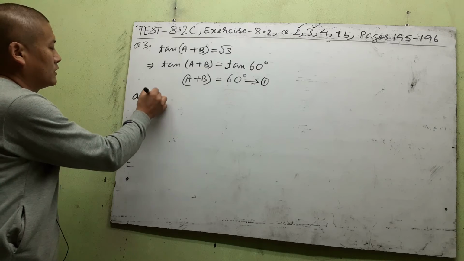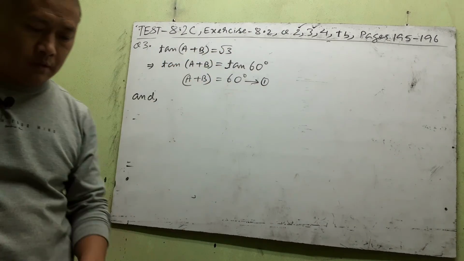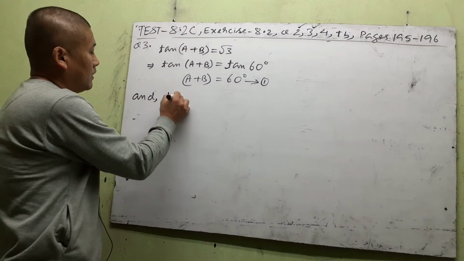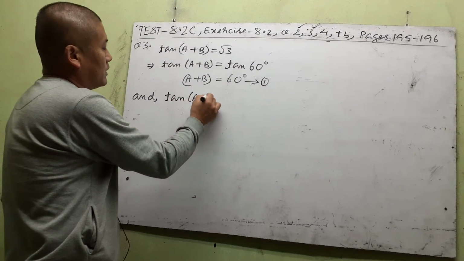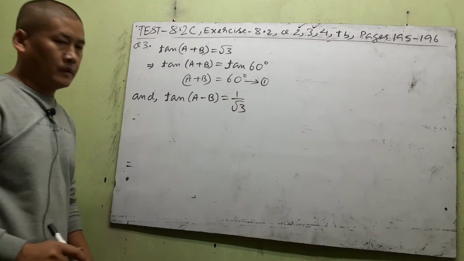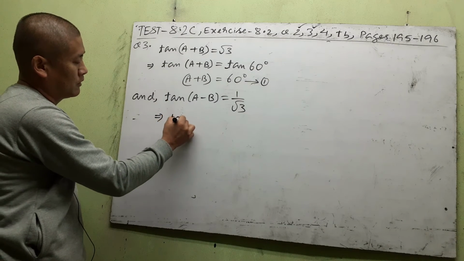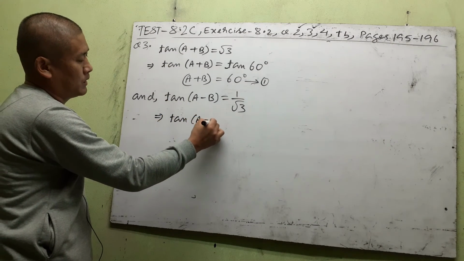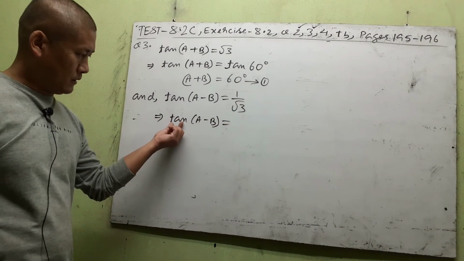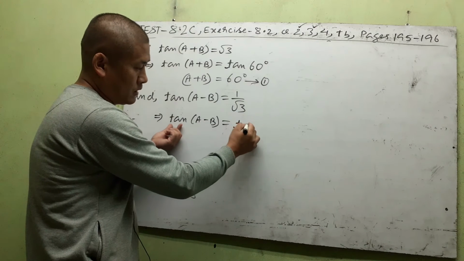And one more thing is given to us. tan(a + b) equal to root 3 is given, and next tan(a - b) is given. So let us write it down: tan(a - b) is equal to 1 by root 3. Like we did here, since the left hand side is tan, think about tan of how much is 1 by root 3?